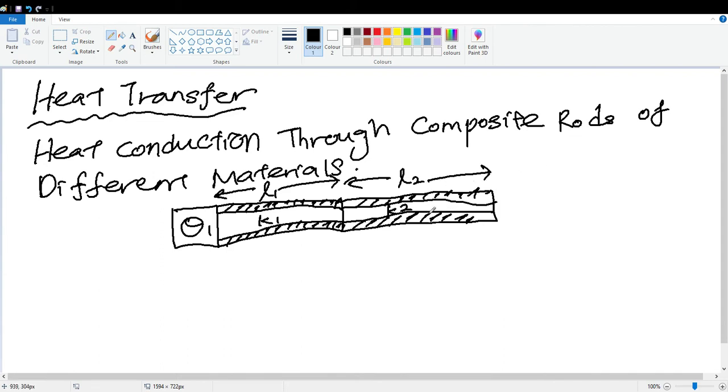The second rod is attached to another object which has temperature θ2.